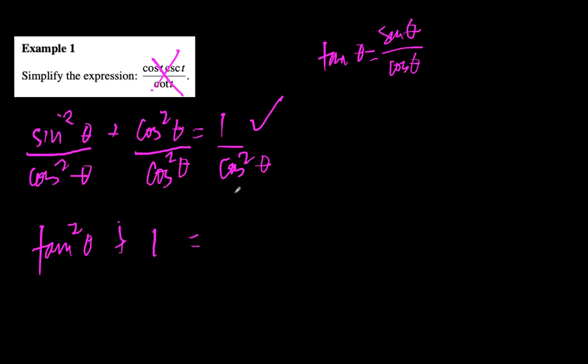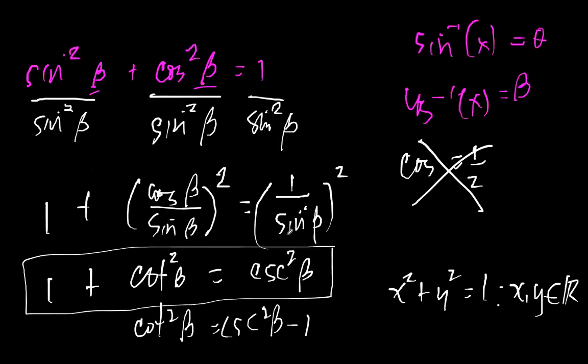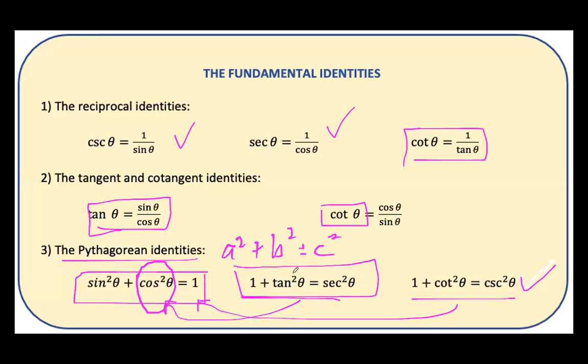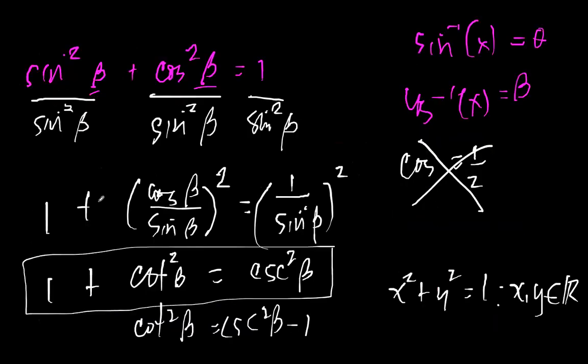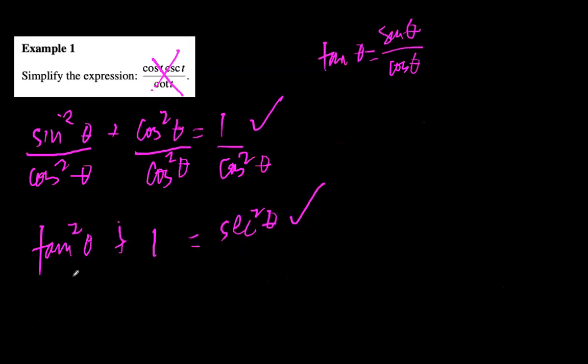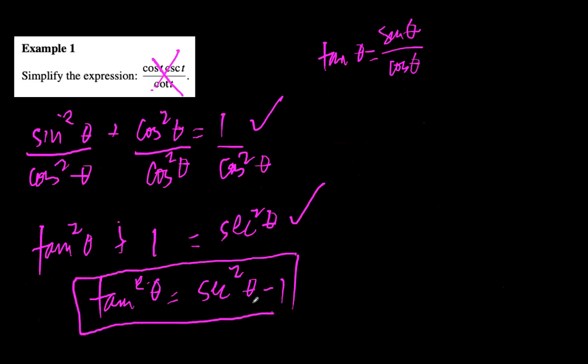What is 1 over cosine? That's secant, right? Secant square theta. So we have already determined the second Pythagorean identity, this one, by using sine square theta plus cosine square theta. Or we could express this as tangent square theta is equal to secant square theta minus 1. Got it, class?